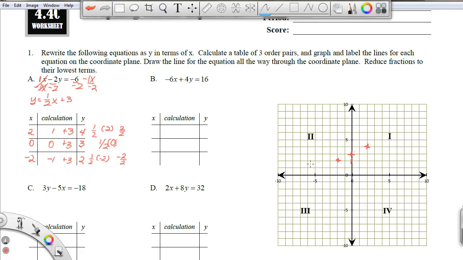So my line travels along these 3 points. Let's go ahead and get my straight edge. So the first equation looks like this right here, and that is equation letter A on number 1. So I'm going to label that A.